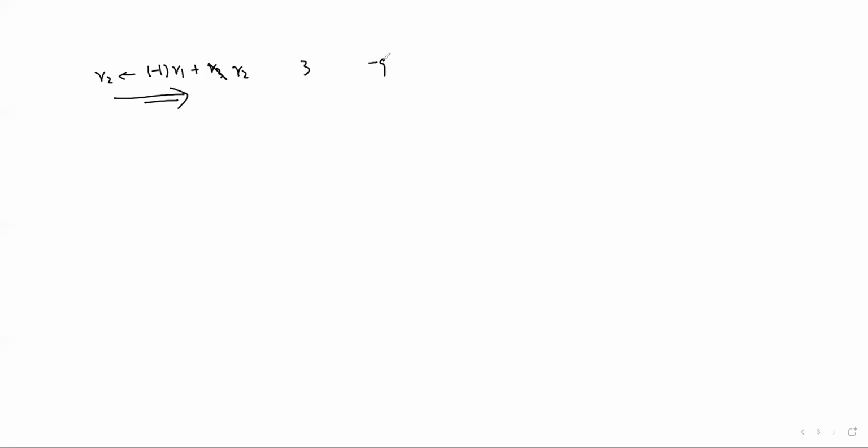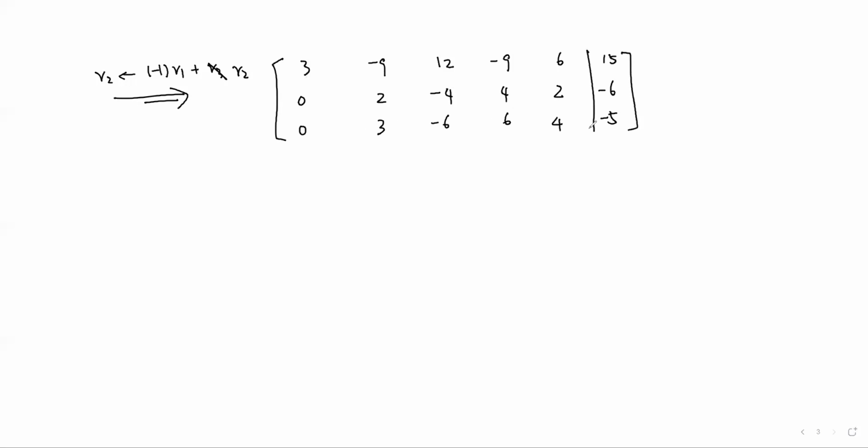The first row is not changed: 3. 6, 15. The second row is changed: 2, -6. Third row, not changed: 4, -5.